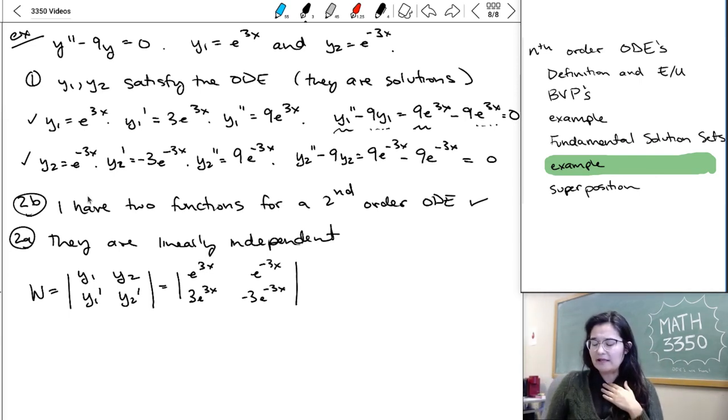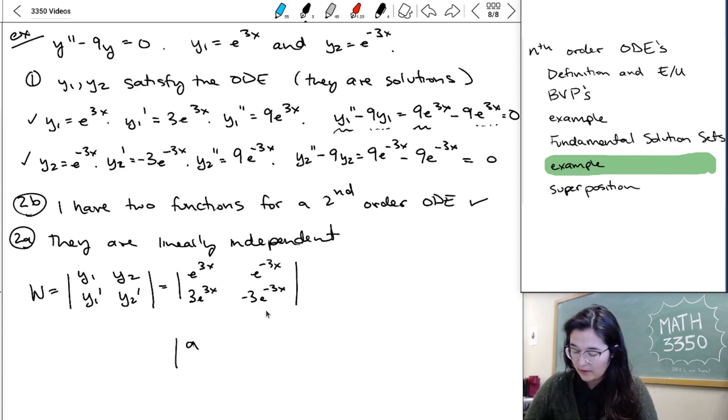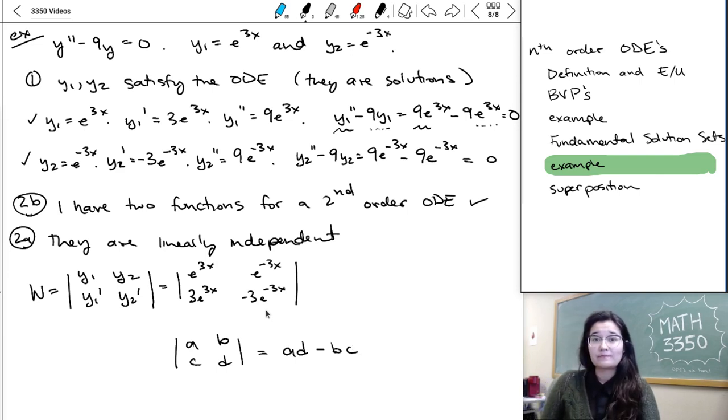The determinant is going to be doing multiplication across the first diagonal and then subtracting multiplication across the opposite diagonal. The formula is like for A, B, C, D, it's AD minus BC. You may have seen that before.